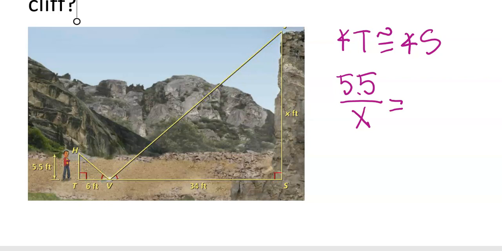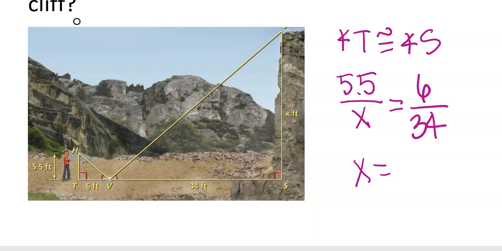I did the triangle on the left first, so that's the one I'm going to use, 6 over 34. So you're setting up these fractions the same as you would if you're using the theorem, except now you've got a missing variable. So you're going to take 34 times 5.5 and divide by 6. So here, all you need to show is that setup, and then once you multiply, you are done.